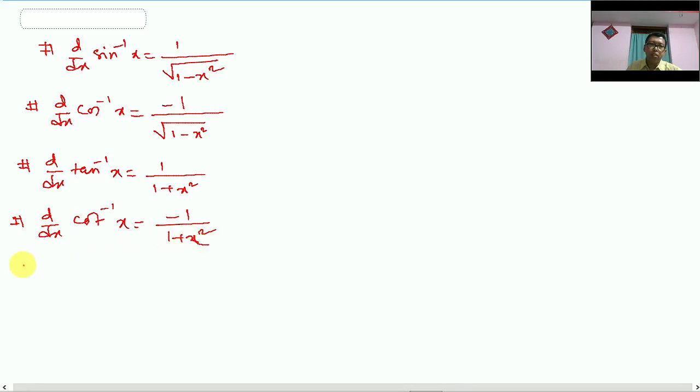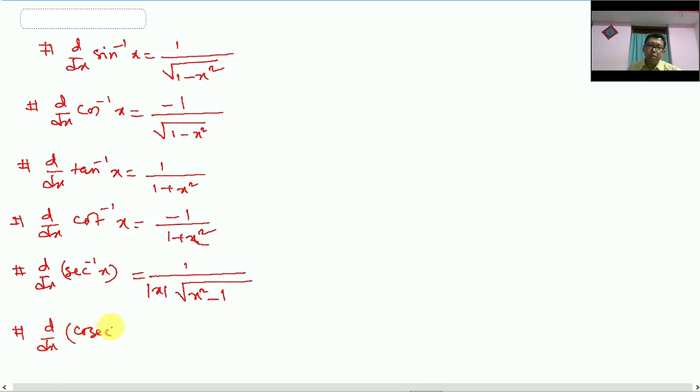Next, d/dx of sec inverse x is equal to 1 upon modulus x into root over x square minus 1. Next, d/dx of cosec inverse x is equal to minus 1 upon modulus x root over x square minus 1.